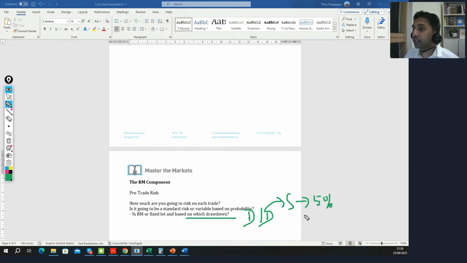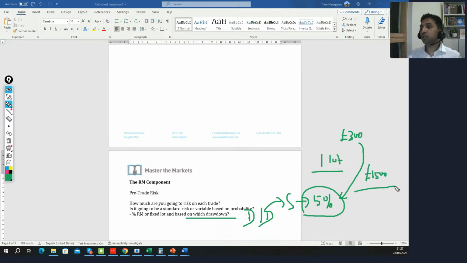So based on that, you can decide that if you did one lot risk management, usually according to your strategy, you're going to be risking about $300, so $300 times 5 is about 1,500 maximum drawdown that you will be going through.